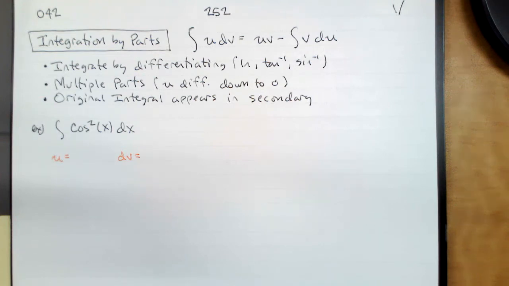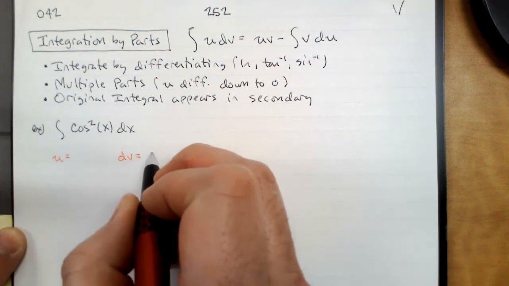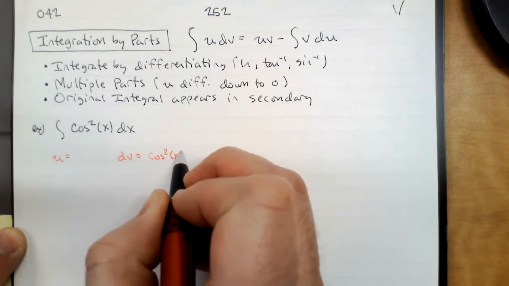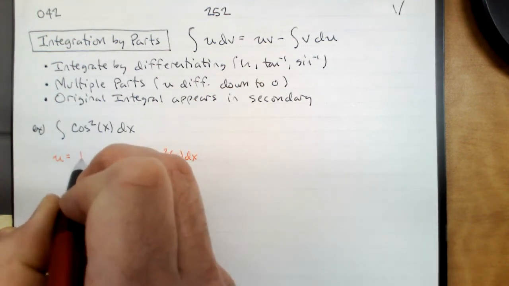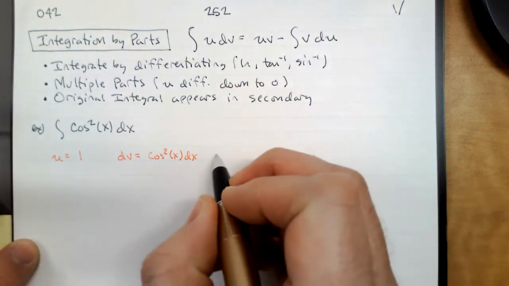We're going to do this wrong a couple of times first. So let's try it. Let's suppose that we said dv is just cosine squared. Well, that doesn't make any sense. If I knew that, I wouldn't be doing parts. I would just be writing down the integral of cosine squared. So this is not going to work.